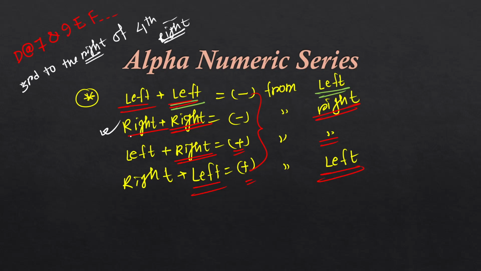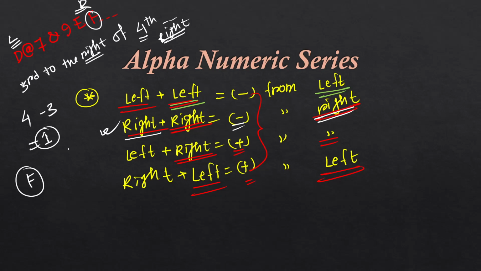Okay, then right and right we have to minus, or subtraction. Okay, so we have to subtract 3 from 4, that means 1, and 1 from right. So this is your right and this is your left. So 1 from right, that means A is the correct answer for this question.